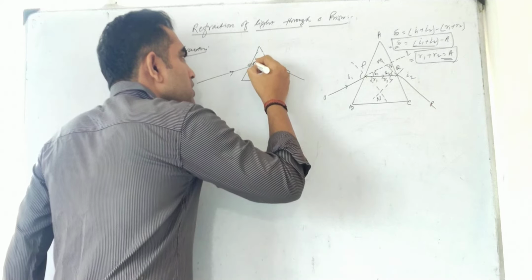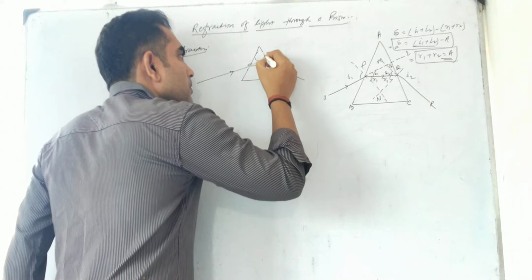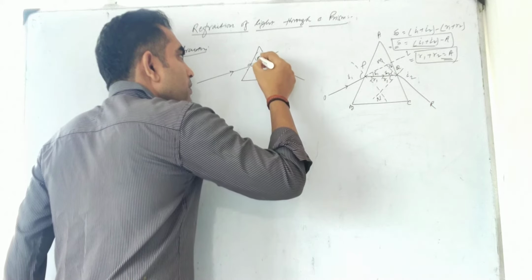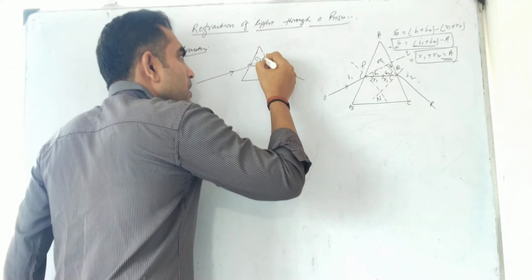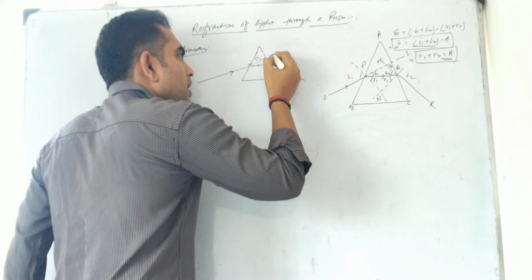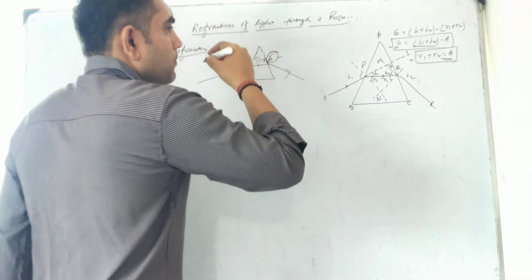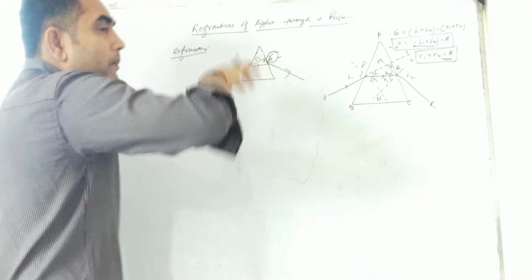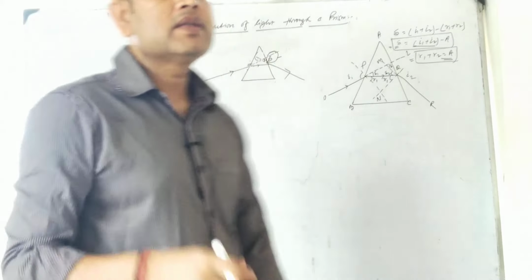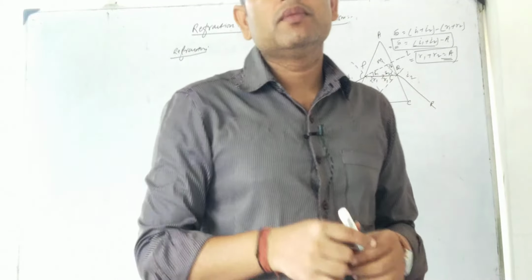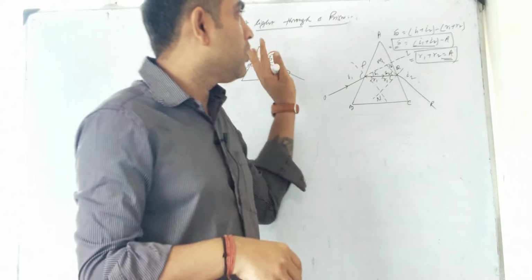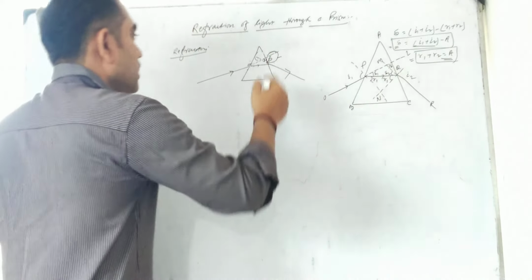If we produce the incident ray and the emergent ray, they will intersect each other at a particular point, making an angle. That angle is said to be the angle of deviation: the angle between the produced incident ray and the produced emergent ray.